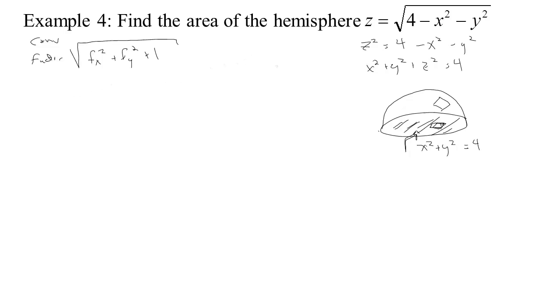And in our case, f of xy is this function, 4 minus x squared minus y squared to the 1/2. So f sub x is going to be 1/2 of 4 minus x squared minus y squared to the negative 1/2 times the derivative of what's inside, which is negative 2x. Let's see, those 2's are going to cancel.